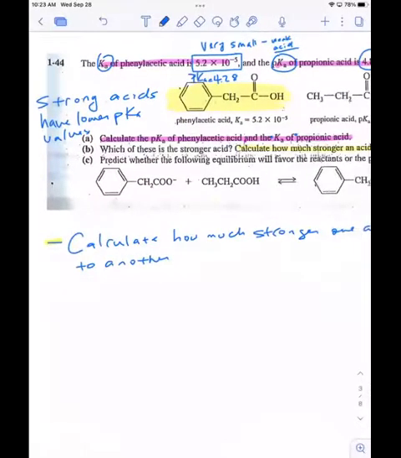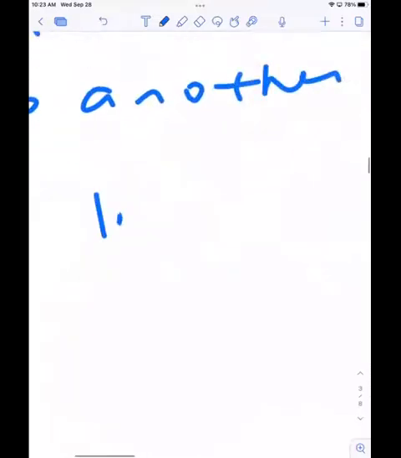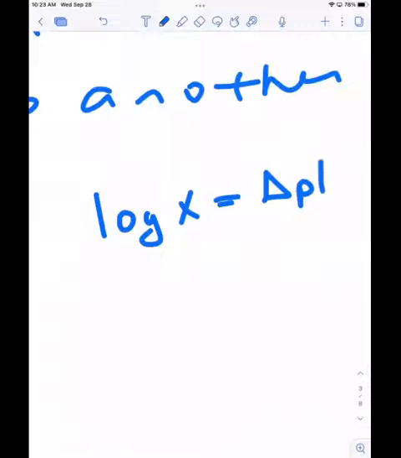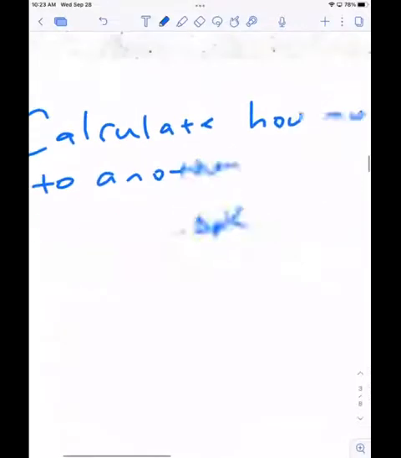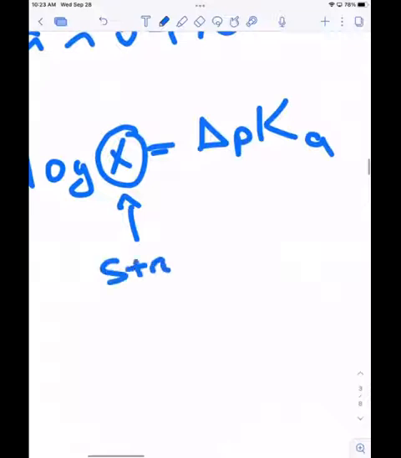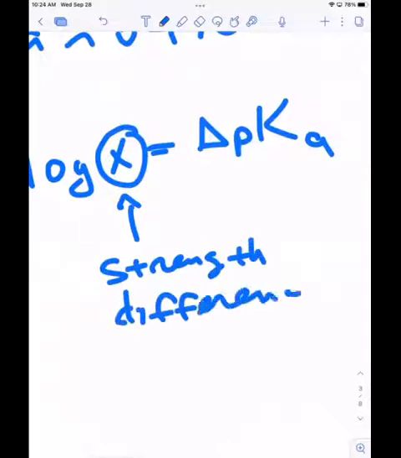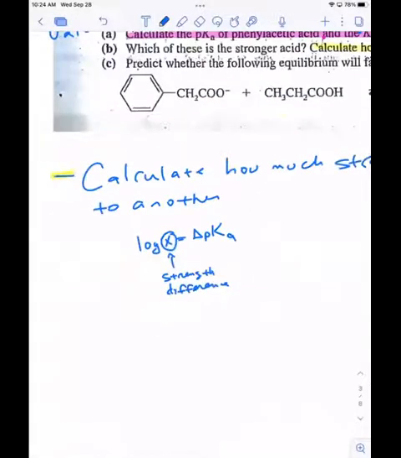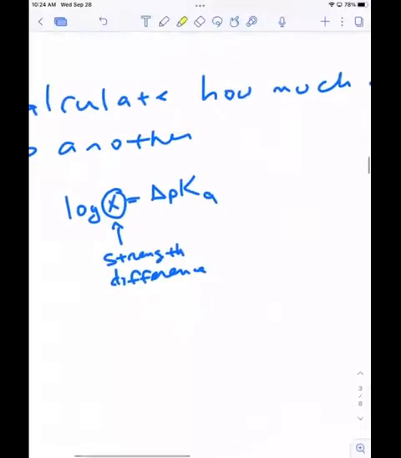Right. So we'll say that log of X is equal to delta pKa, where X is the difference in strength. Right. So this is how we're going to calculate. We got to find X. Right. We don't know that number, but if we know the pKa's, we can find that number. How would I rearrange that to solve for X?